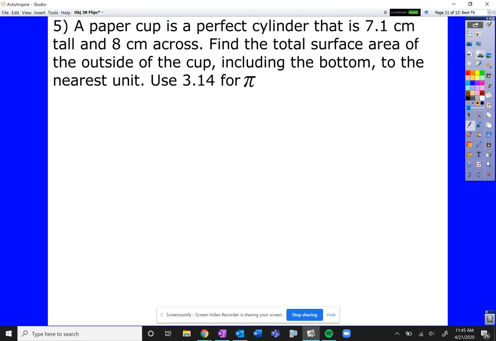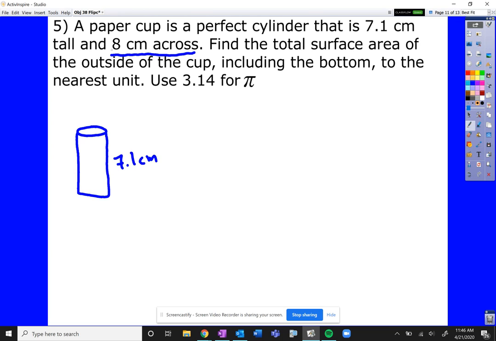Here we go. A paper cup is a perfect cylinder that is 7.1 centimeters tall and 8 centimeters across. Find the total surface area of the outside of the cup, including the bottom, to the nearest unit. If we draw ourselves just a quick diagram here, this is a cup. It's 7.1 centimeters tall, and this is important, people.